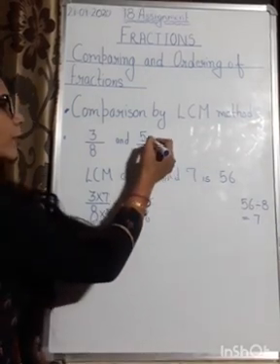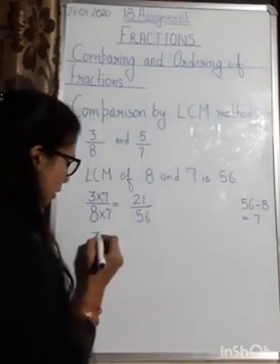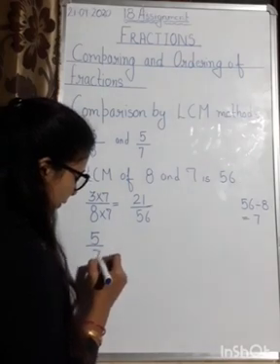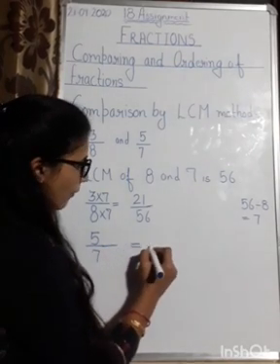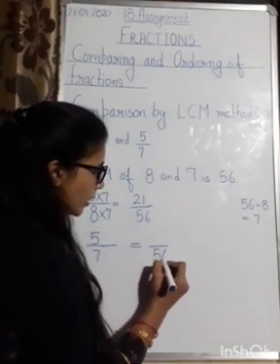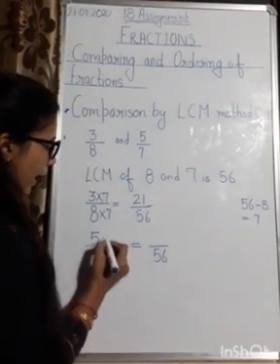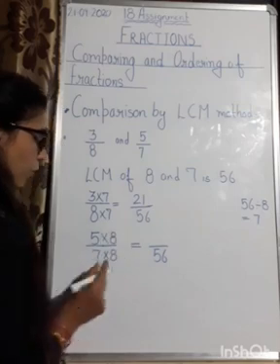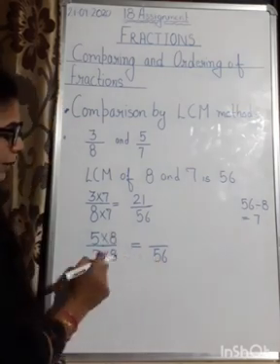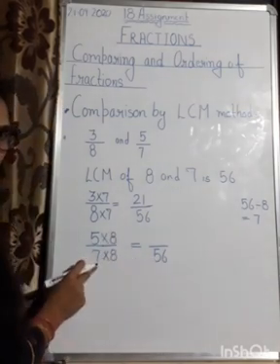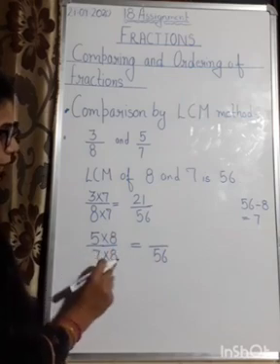Now in the same way, find it for 5 by 7, the equivalent fraction with the denominator 56. Here you have to multiply 7 with 8. You all know how I got this 8? By dividing 56 by 7. Or you can simply say 7 8s are 56.